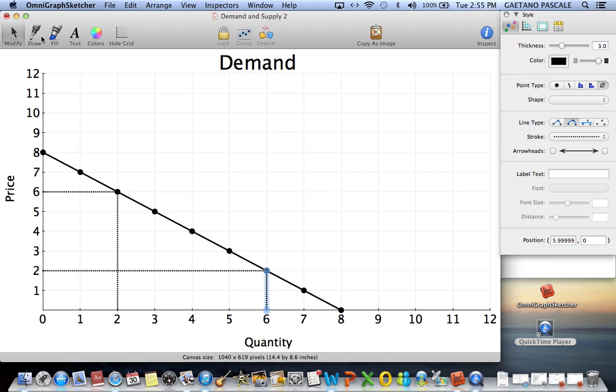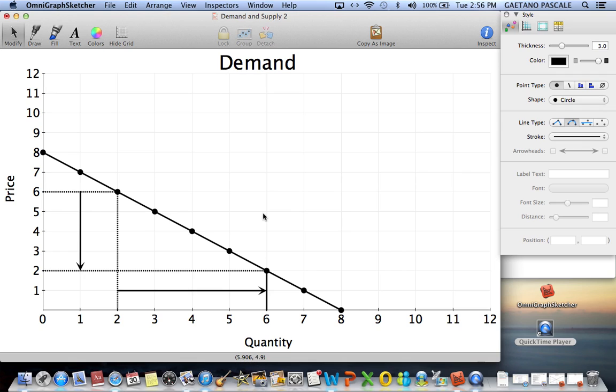So what do we end up saying from this? That when the price fell from 6 to 2, and let me draw a little arrow in, maybe that will be helpful. So when we see the price fall from 6 to 2, we see that the quantity demanded increases from 2 to 6.